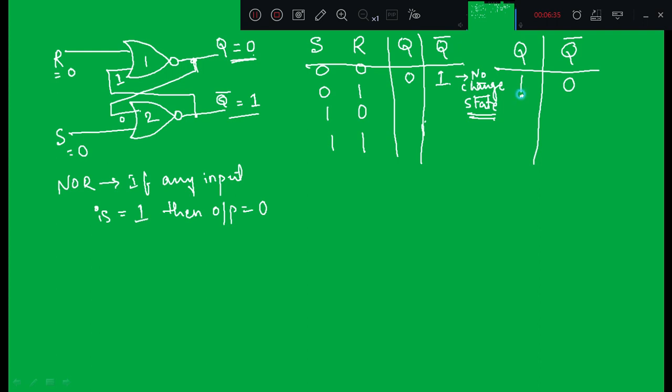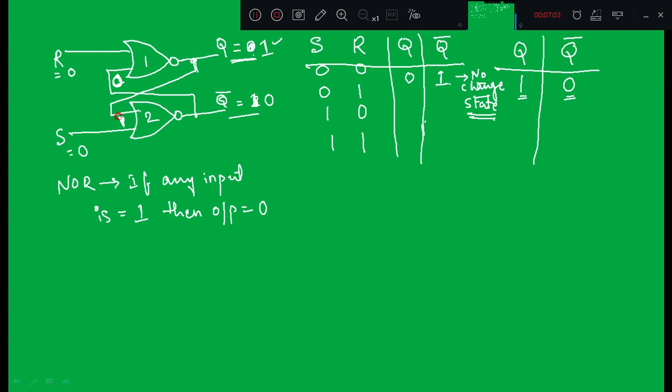Similarly, we will identify what happens when Q is equal to 1 and Q bar is equal to 0. So now I will make Q equal to 1 and Q bar equal to 0. What happens here? 0 is applied to the second input of the first NOR gate, so both inputs are 0 for the first NOR gate. What is the output of the first NOR gate? It is equal to 1. This 1 is applied to the second input of the second NOR gate.